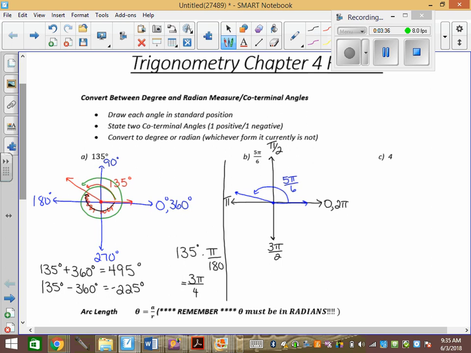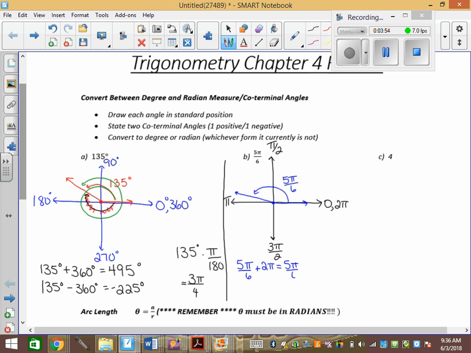Okay, coterminals. You could technically do 150 plus 360 get an answer, 150 minus 360 get an answer in degrees, and then convert to radians. But I'm going to go straight from radians. So I'm going to go 5 pi over 6 plus 2 pi. In order to add them, we need a common denominator.